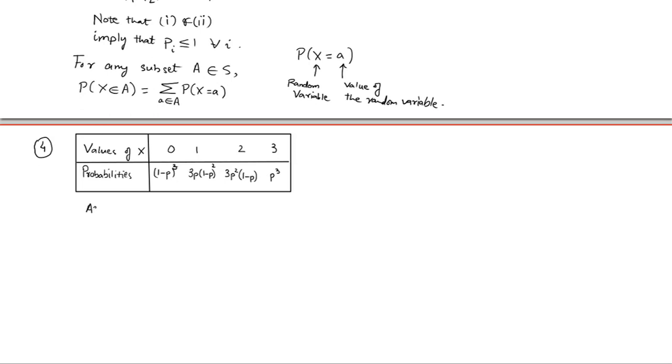Now assume that the coin was fair. So the probability of heads is half. Then what probabilities will you get? Can you give me the probabilities of the random variable when p is half? Anyone?